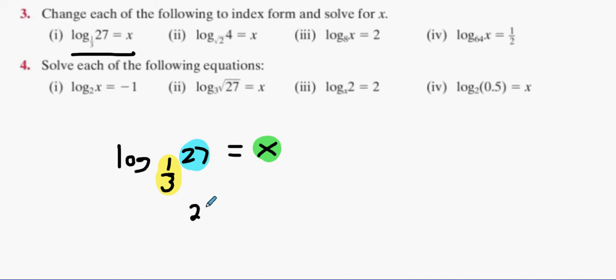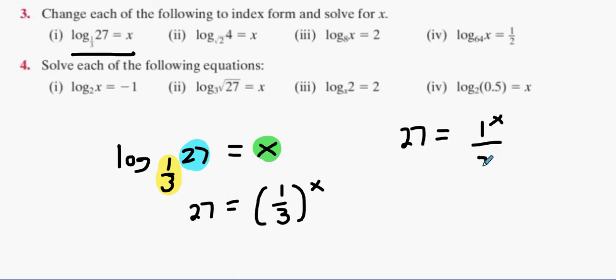Right. 27 equals a third to the power of x. You okay with that? Now, what can I do with the power? I can say 27 equals 1 to the power of x divided by 3 to the power of x. What is 1 to the power of anything? 1. Awesome. Bring the 3 to the power of x from bottom right to top left.